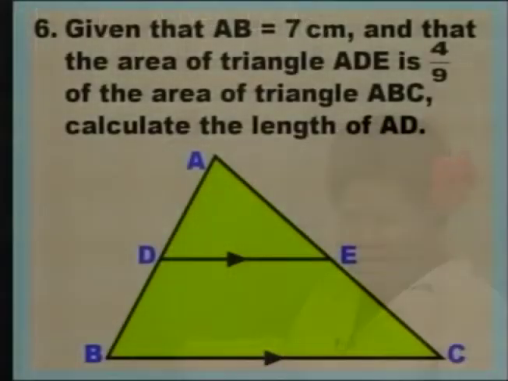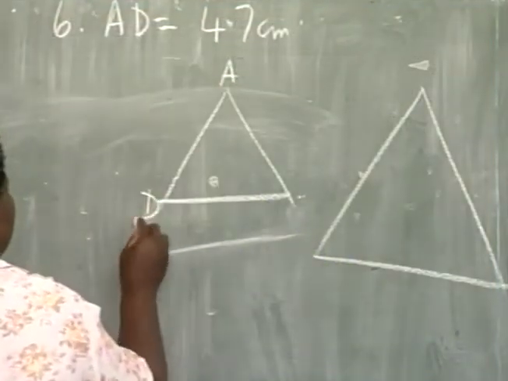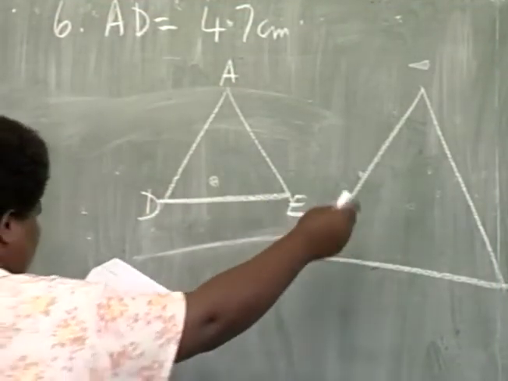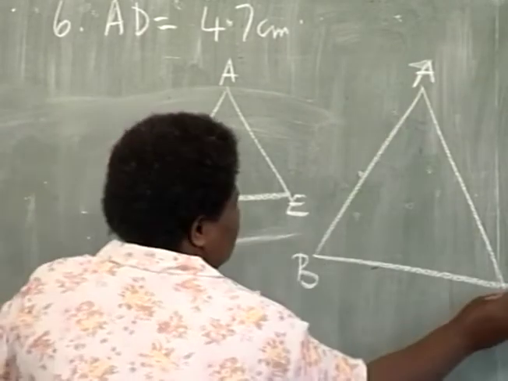There are two triangles that I see in the triangle given. One is a small one, and that's ADE. One is a big one, ABC.